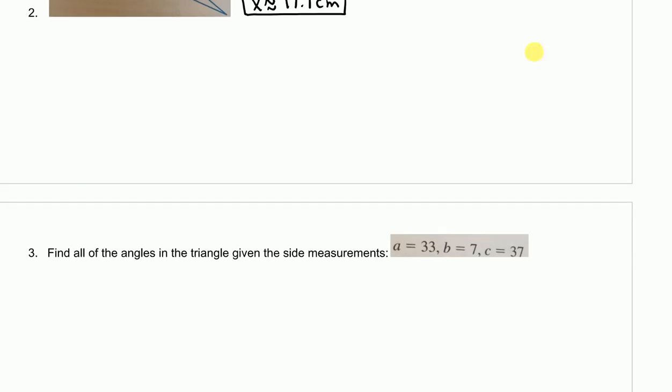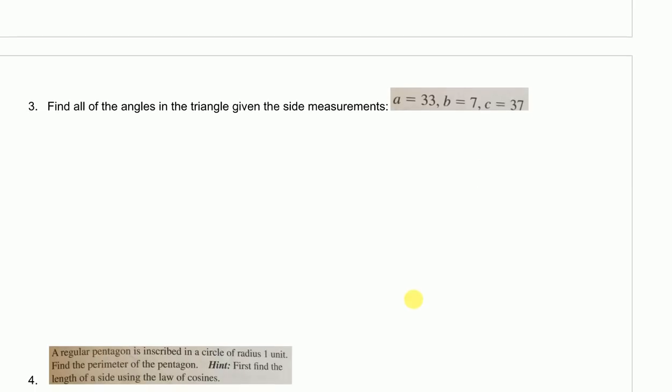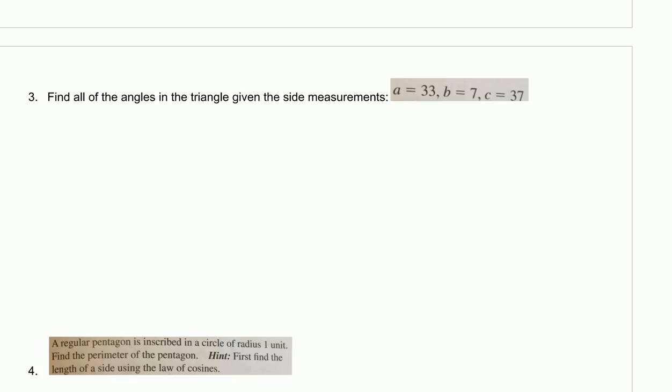Now, if we look at number 3, it says to find all of the angles in the triangle given the side measurements. The first thing we would want to do is draw out a picture. So here's A, B, C. Side A is 33, side B is 7, and side C is 37. You just pick whichever angle you want to start with.